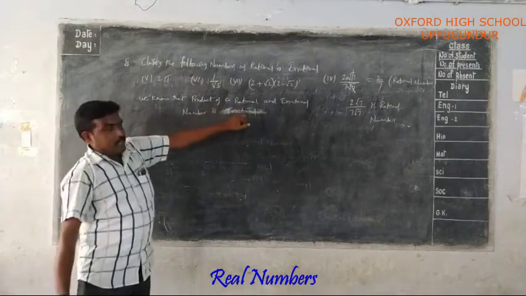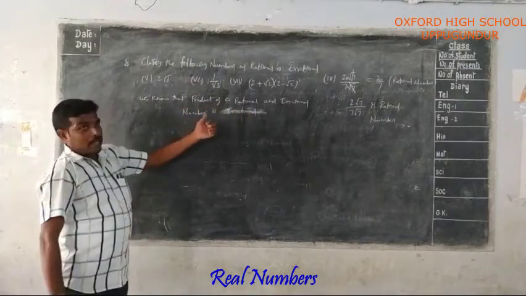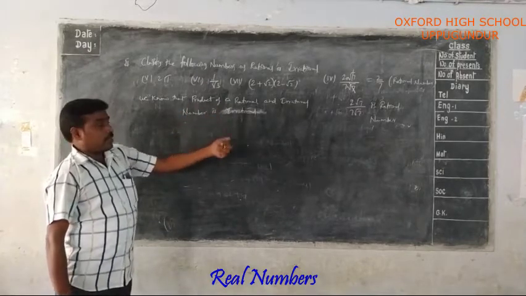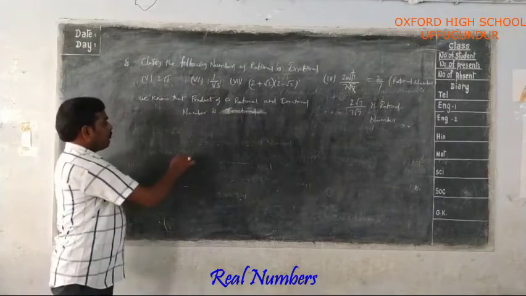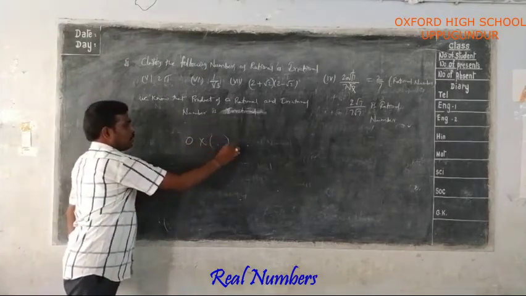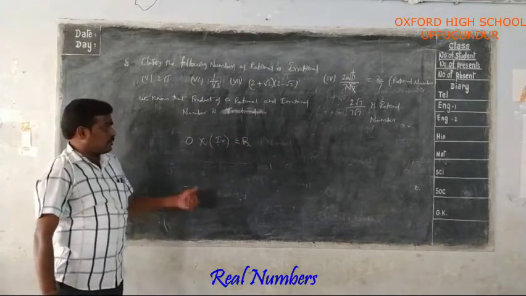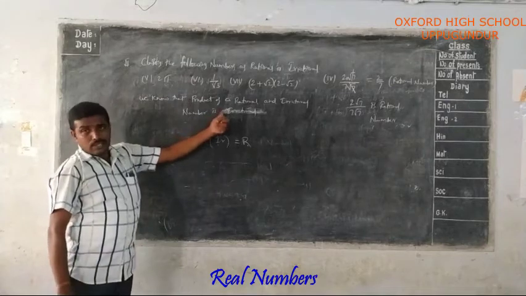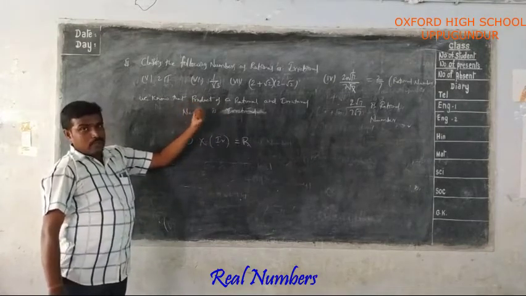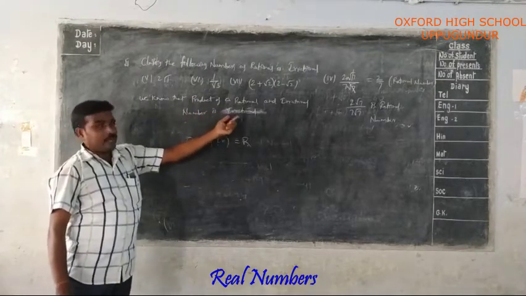So the product of a rational and irrational number is irrational. Here, why am I not writing always? Because if you take the rational number 0 times any irrational number, you will get a rational number. So in this case, this condition is not possible. So we can say the product of a rational number and irrational number may or may not be irrational.